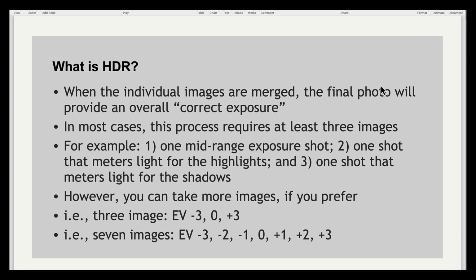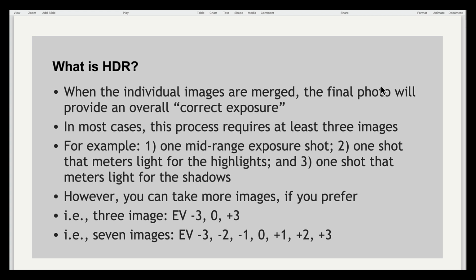Okay. So ultimately, as I mentioned, we're going to be taking these individual images and merging them together to get a final image that has kind of an overall correct exposure across the board. Okay. At the very minimum, we could do this with 3 shots or 3 images. Okay.